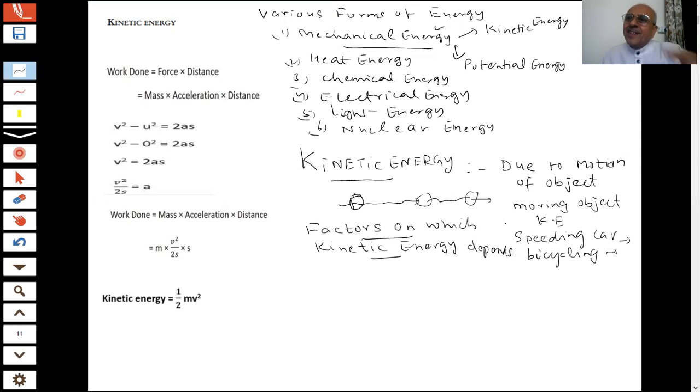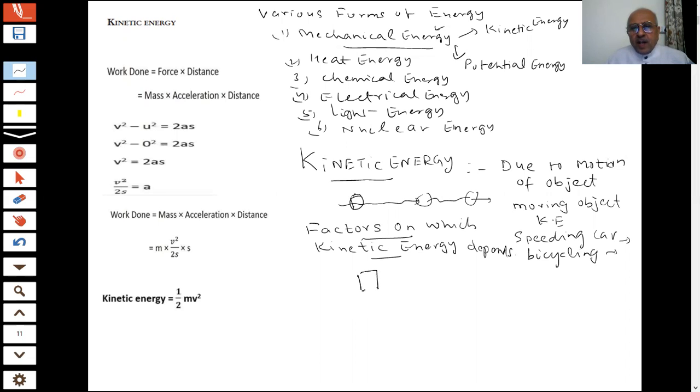I said if there is kinetic energy, it means it has a capacity to do work. Yes or no? Energy is the ability, the capacity, to do work. If kinetic energy is there, then the body has a capacity to do work. Tell me yes or no.